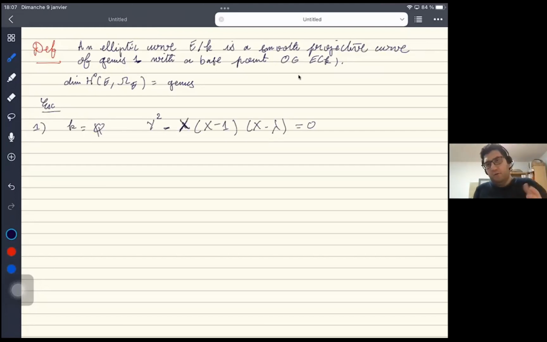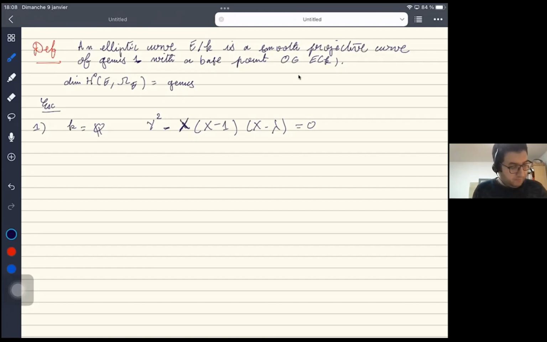This is what we call the affine part of an elliptic curve. You see this inside the affine plane of dimension 2, but you can then take the closure in the projective space, and the closure will be really an elliptic curve, but you add just one point to the affine part. So you can think of it as the zeros of such an equation.